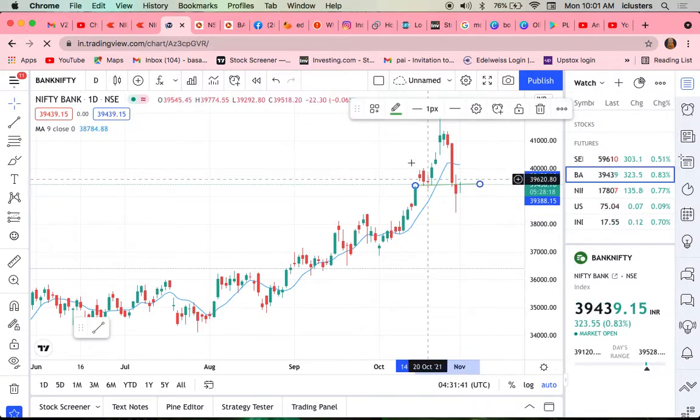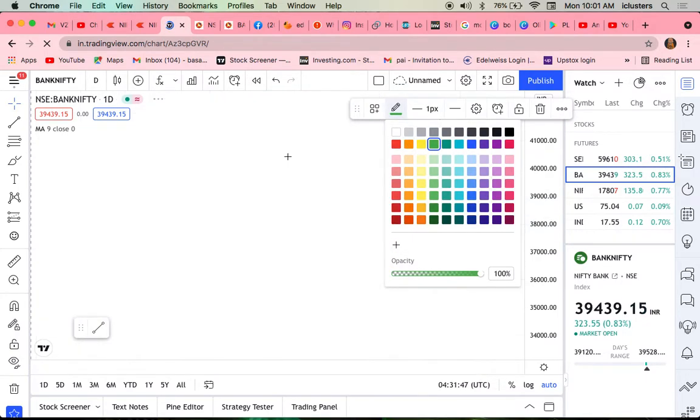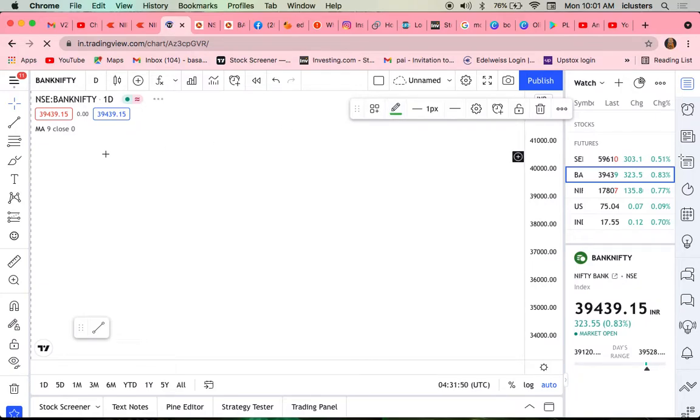So this is the support area. Wait a minute.